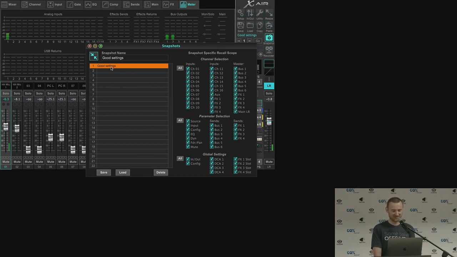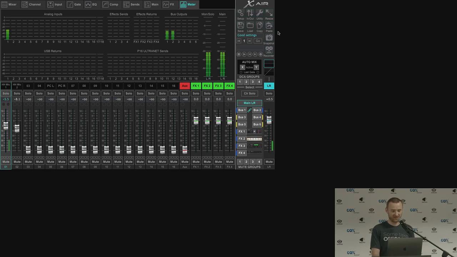I don't know why, but it does. So if you want to go back to some last known good settings, you just click on Snapshot, you select the good settings, and you press load, you confirm, and now it puts everything back the way it was.